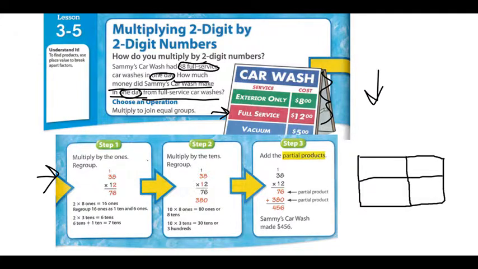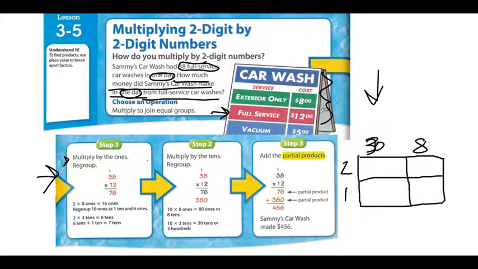The first step says multiply by the ones and then regroup. Well, I'm going to break down 38 and 12 even further. So we have 30 and 8, and then 12 is 2 ones and 1 ten.